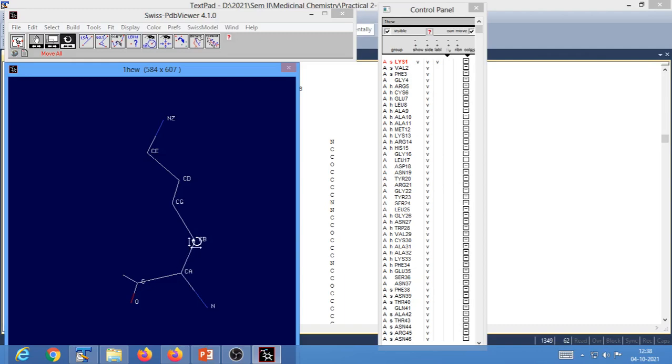If this is the carbon atom, then it should be like CH2 over here. There should be 2 hydrogen atoms present over here in order to completely satisfy the valency of your molecule or your amino acid residue. But no information regarding your hydrogen atoms is present over here.